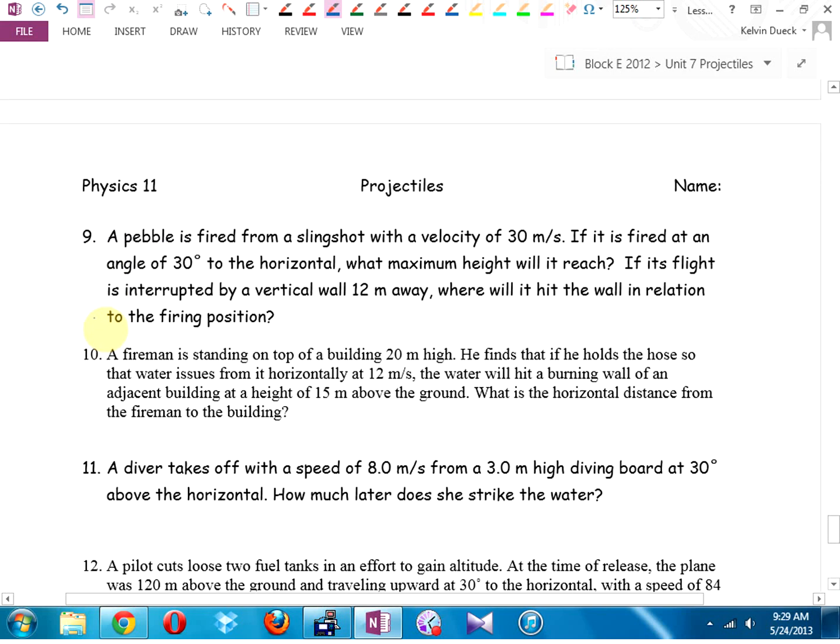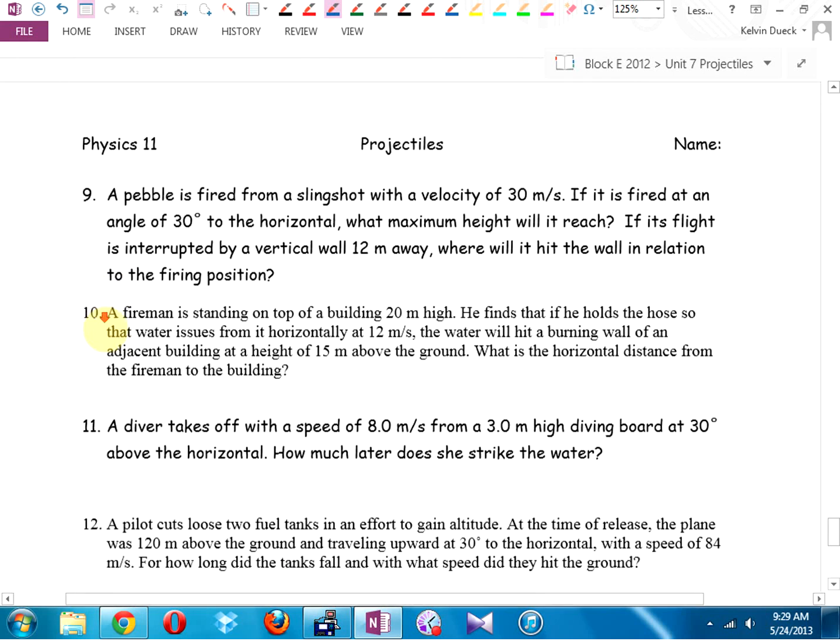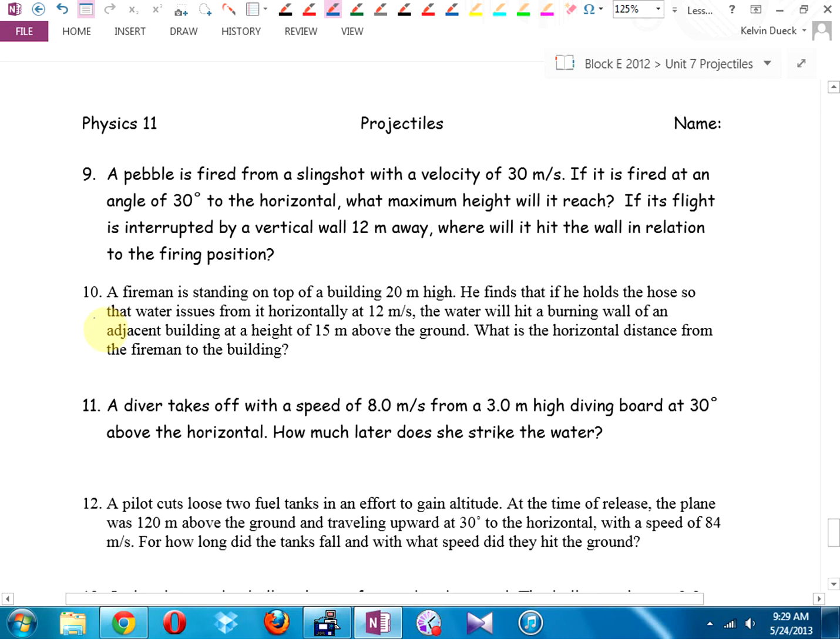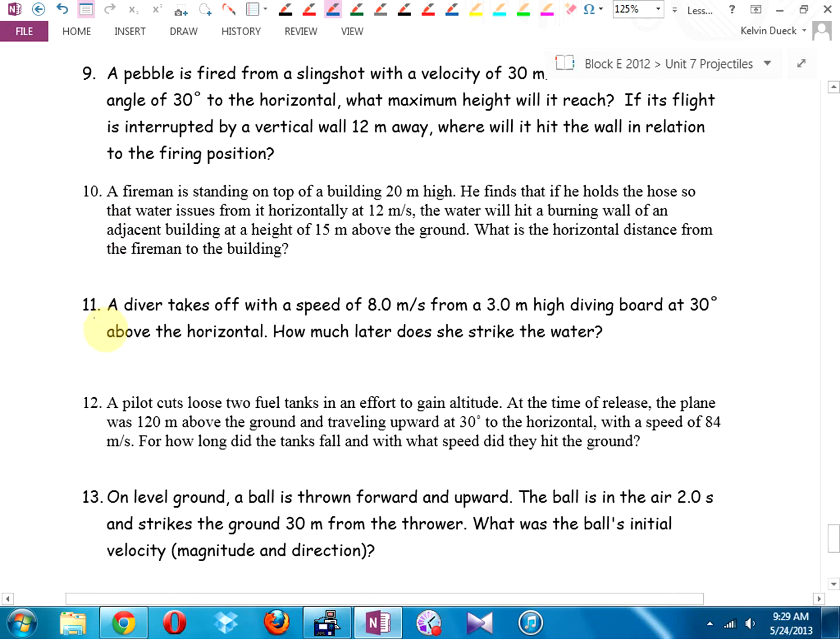Fired from a slingshot, angle of 30 degrees. That's a tough one. Fireman standing on a building 20 meters high. He finds it if he holds the hose so that the water will be... You can try number 11.